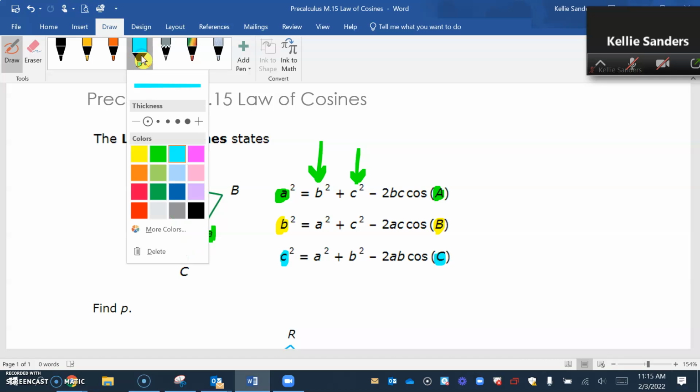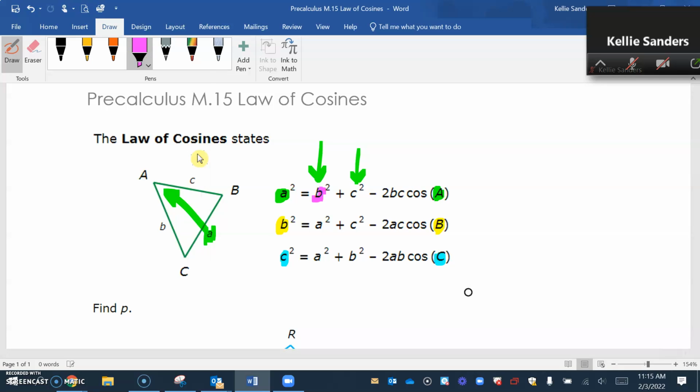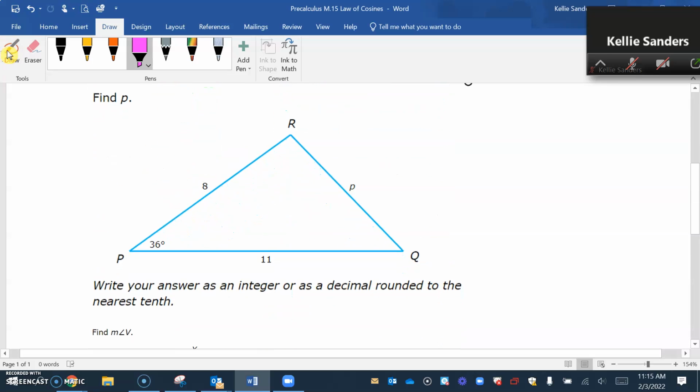And then all the rest of the stuff is exactly the same, depending on the side that they give you. So basically it's the side that we're looking for squared equals one side squared plus the other side squared minus 2 times the 2 sides that they give us, cosine the angle that's opposite the side that we're looking for. Okay, so let's go through this.